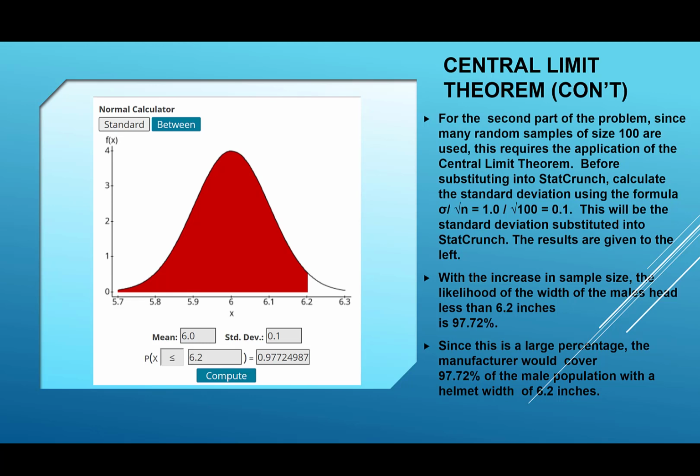So if we look at our menu, our mean is 6, our standard deviation is 0.1, our x value is 6.2, and when we click compute, we get 97.72%. This would definitely cover a larger percentage of the male width.